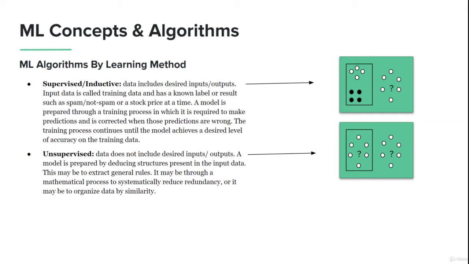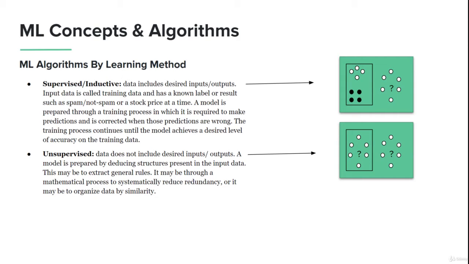And then we have the unsupervised. This is where the data does not include a desired input or output. The supervised learning method has the actual inputs and outputs; with the unsupervised, we don't have any of that. So we're essentially working with something from scratch.